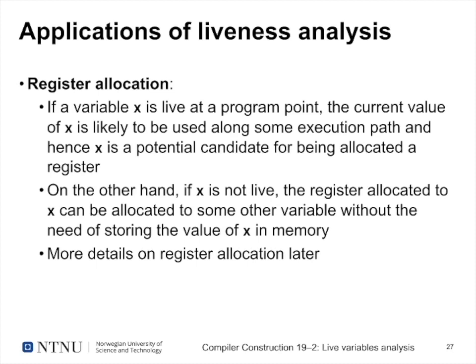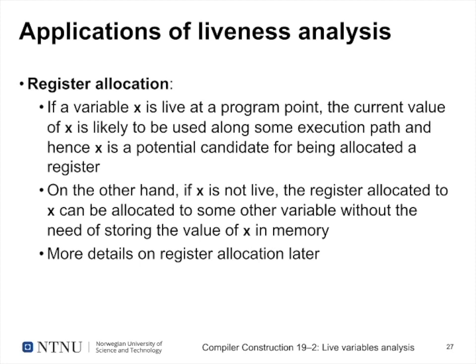Variable x is a potential candidate for being allocated to a register, because storing it to memory doesn't make much sense right now, as we might need it right away in one of the upcoming instructions. Keeping it in a register saves us quite some overhead, because we don't have to store it to memory and load it from memory soon after.